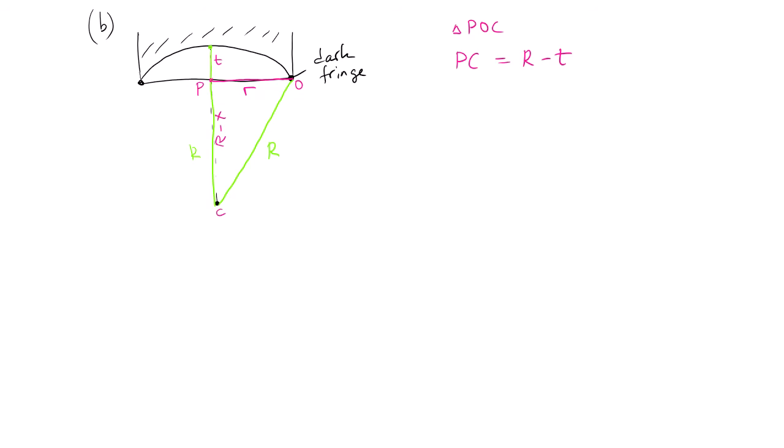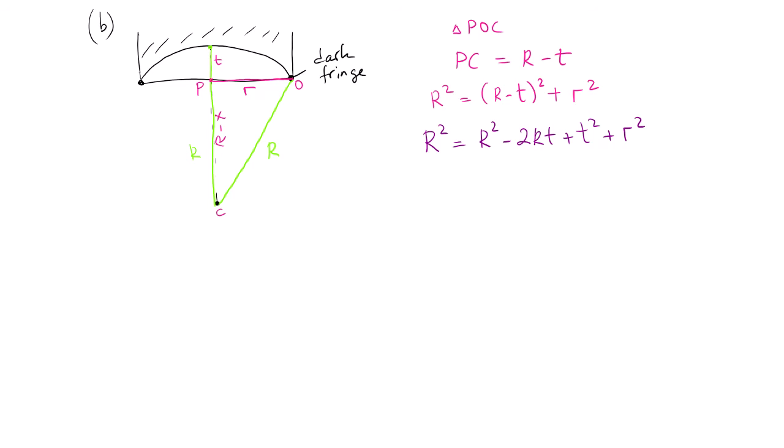Then the Pythagorean theorem will give us R squared equals (R minus T) squared plus r squared. Okay, let's do a little math here. So R squared equals R squared minus 2RT plus T squared plus r squared.